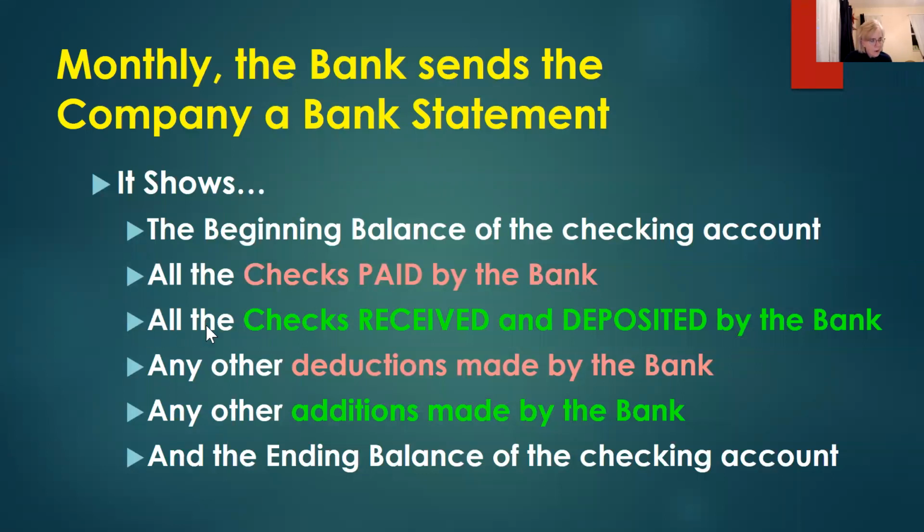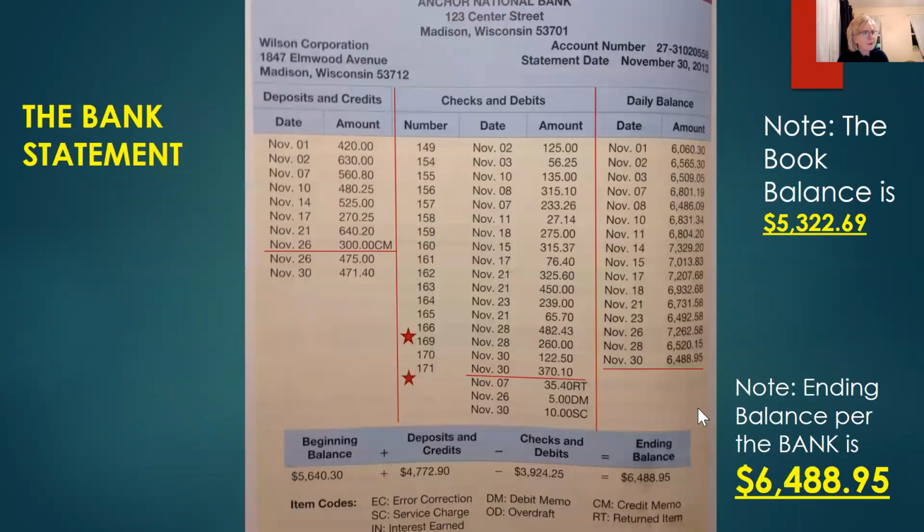It also should show all the checks received and deposited by the bank. So when we went to the bank every couple of days with a deposit, we make the deposit and it gets put into the bank account, and then any miscellaneous deductions by the bank and any additions by the bank and the ending balance.